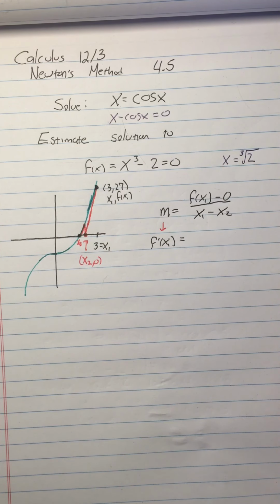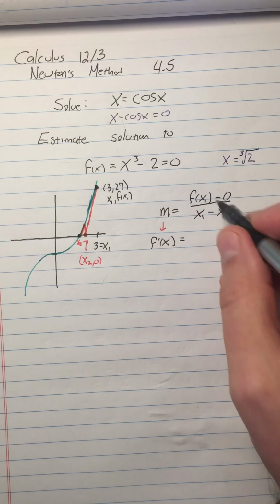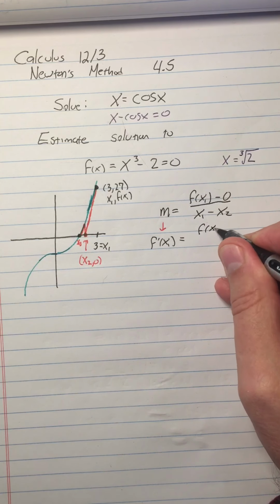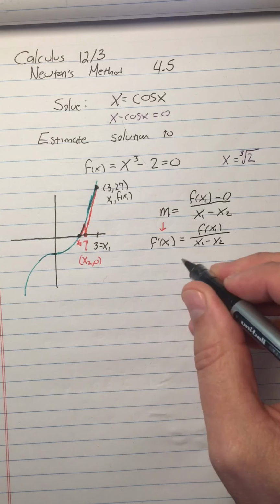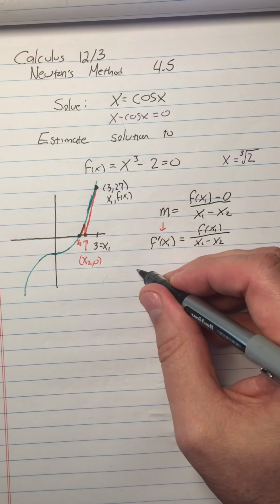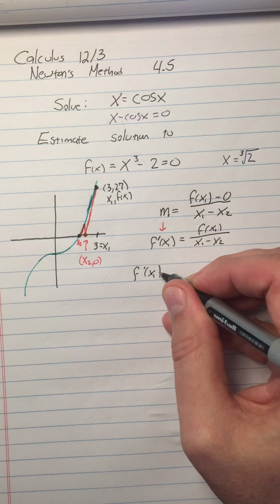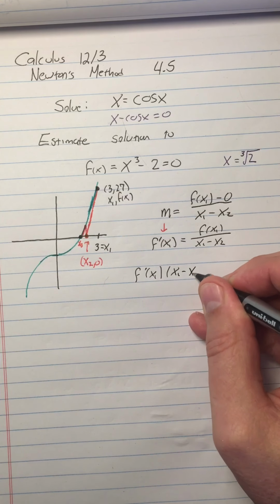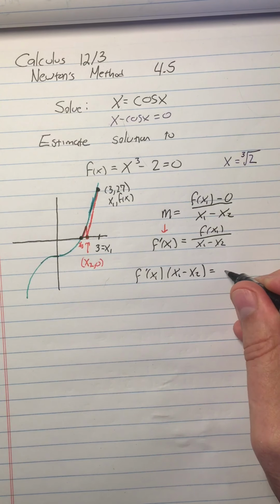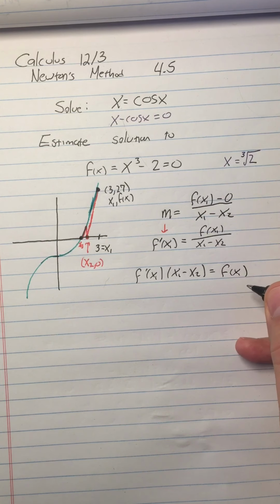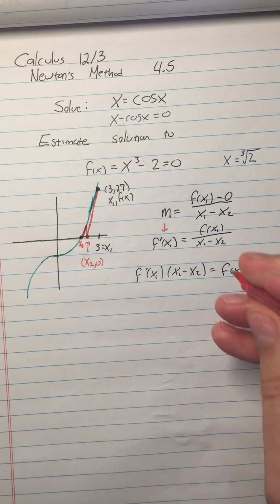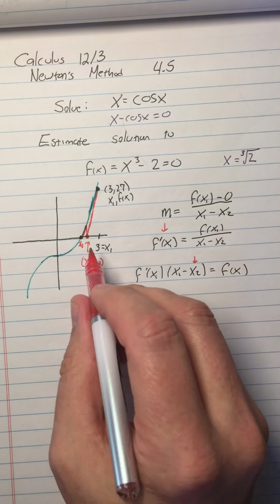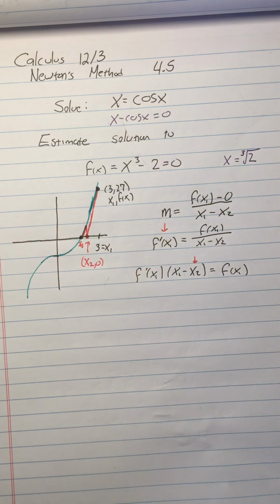And then f prime of x1 equals, we can simplify our top to just f of x1 over x1 minus x2. And then we can rewrite this as f prime of x1 times x1 minus x2 equals f of x1. Now our job is to solve for x2, because what we really want is a method that generates x2 once we know what x1 was.